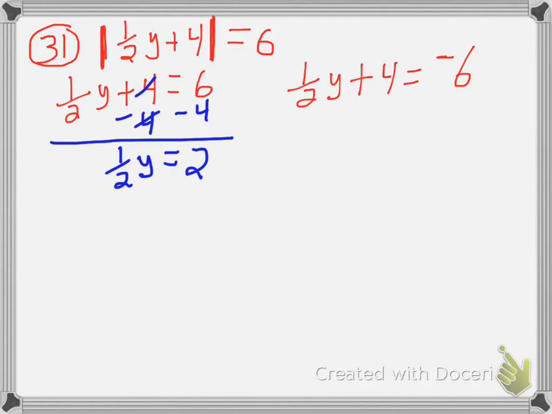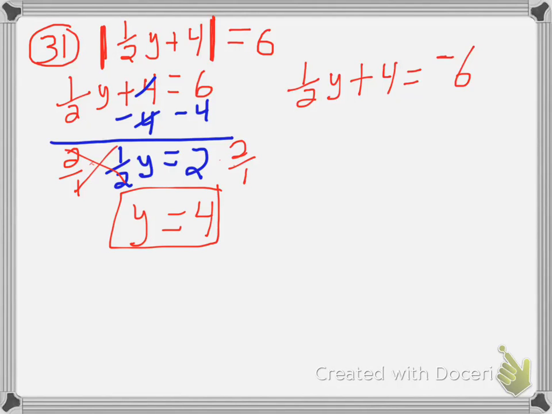Now I have to get rid of this fraction, that's 1 over 2, so I'm going to multiply by 2 over 1. Since I multiply by 2 over 1 on that side, I also have to multiply by 2 over 1 on this other side. So that leaves us with y equals 2 times 2 is 4, and 4 over 1 is 4. So my answer on this side is just y equals 4.